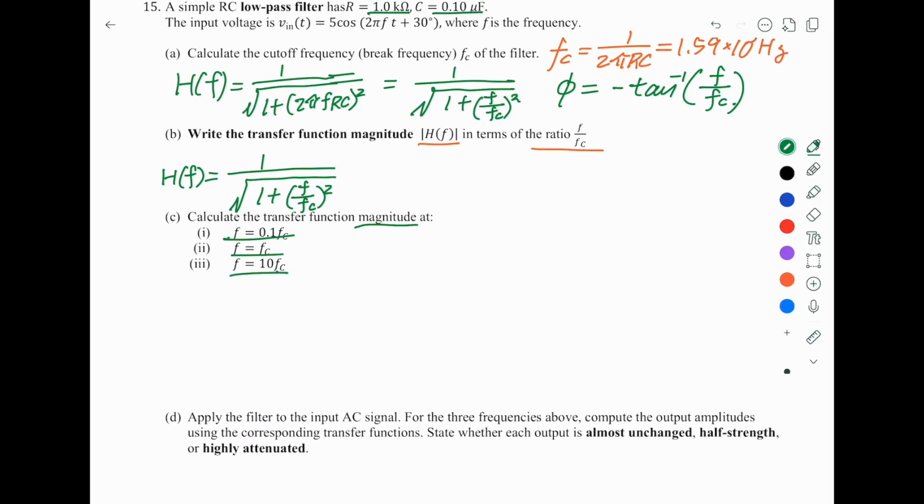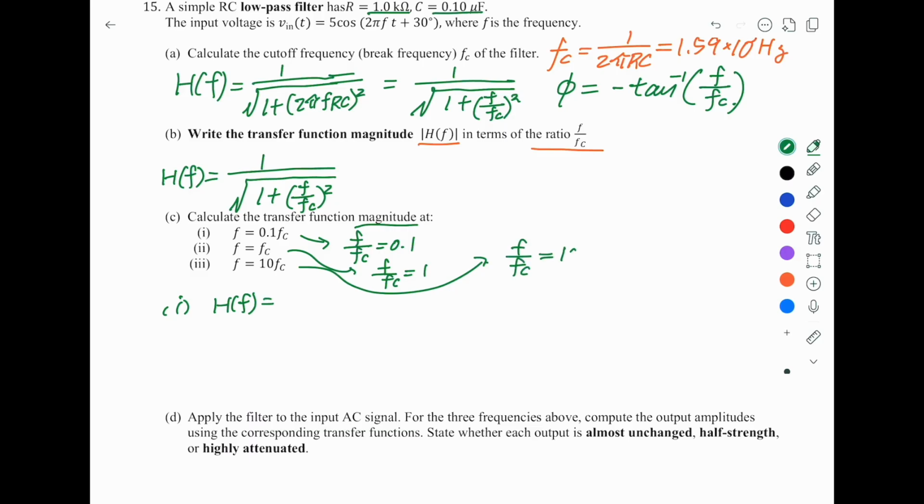What I mean is, for number 1, f over fc equals 0.1, here f over fc equals 1, and here f over fc equals 10.